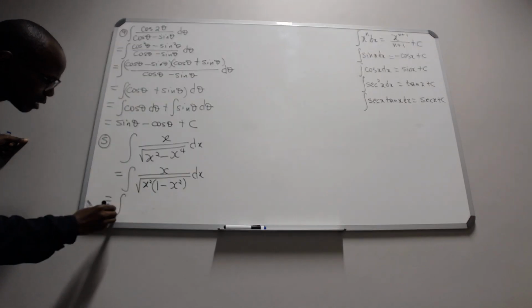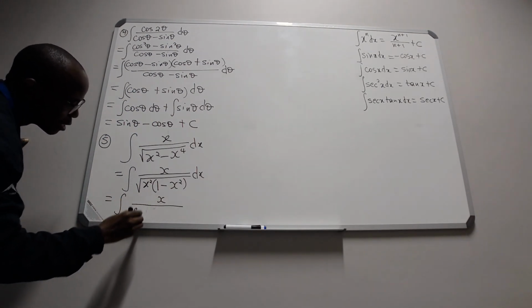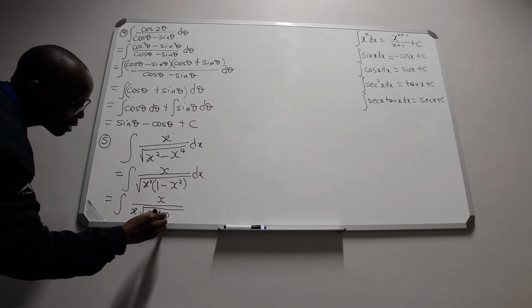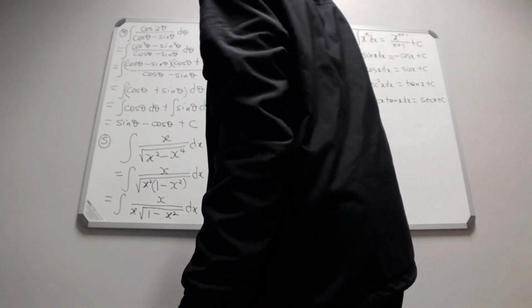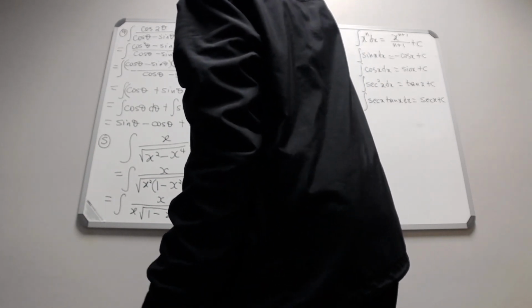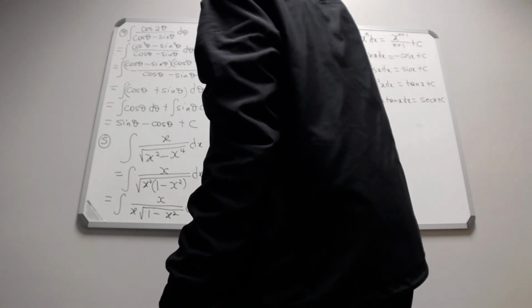This is the integral now of x over x square root of 1 minus x squared dx, which is giving us the integral of 1 over square root of 1 minus x squared dx.